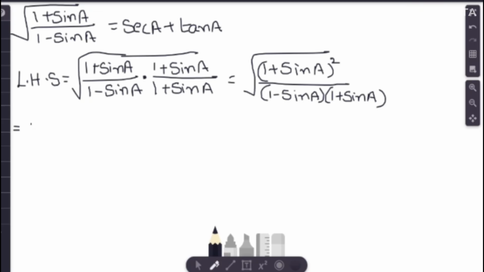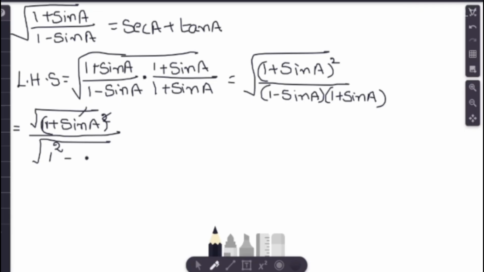Split the numerator and denominator, because the square root is applicable to both numerator and denominator. Here 1 plus sin A whole square, square and root cancelled. In the denominator, under root 1 minus sin A into 1 plus sin A, 1 square, A square minus B square.